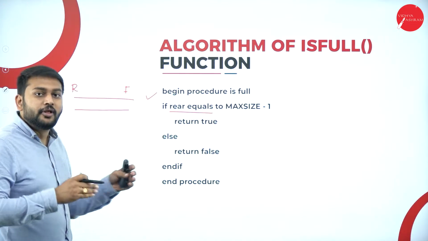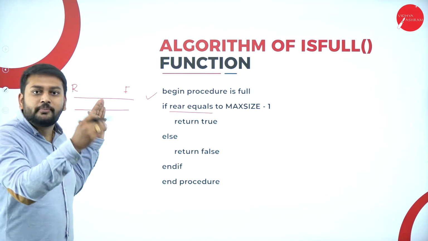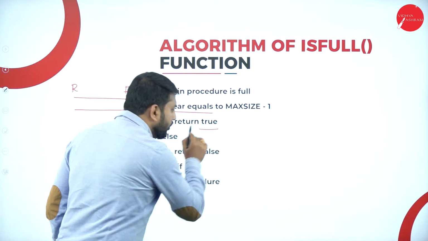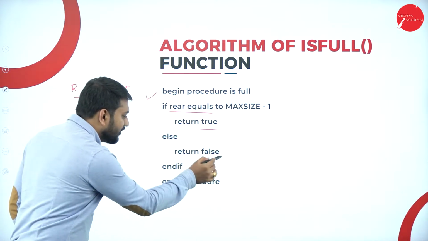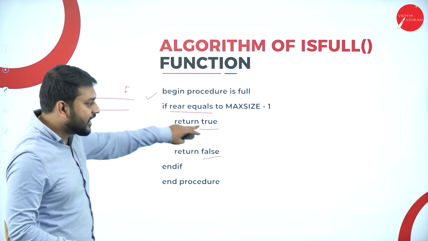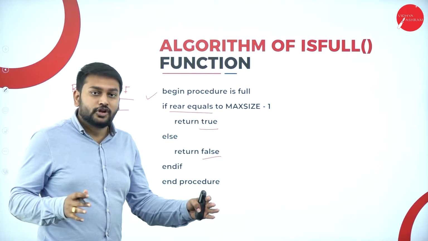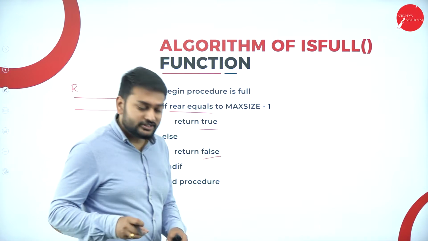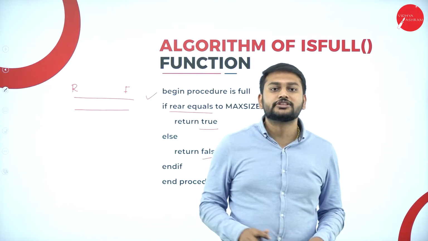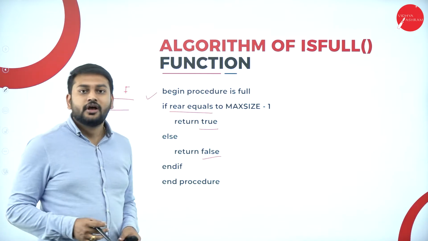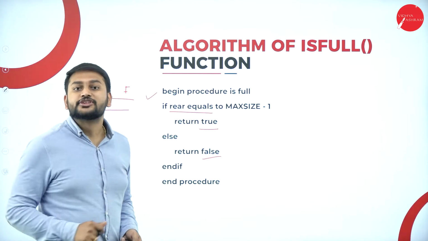If the rear pointer is equal to maximum minus 1, then I will say true, else I will say false. If this condition is true, my queue is full. Otherwise, if the function returns false, my queue is not full. This is what the function is doing.